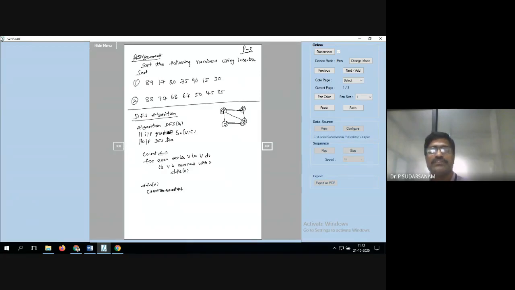Now what will happen in this case, if you are starting with A, the diagram is: I am writing A to B, B to D, D to A according to us. So the answer is A to B, B to D, D to C. That is the answer. Now what you have to do is mark V with count.